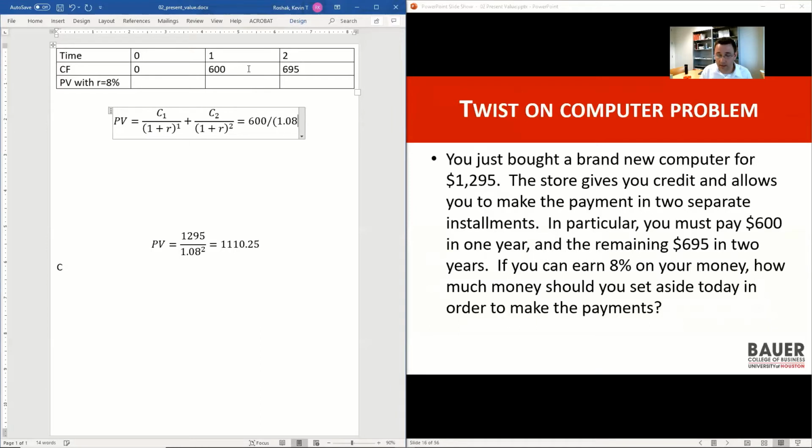Our discount rate's 8%. We add that to the 695 that we're getting at time 2. Okay, and that's it. We're going to have to plug those 2 things into our calculator. We'll get the first payment, the present value of that $600 is about $555. The present value of the second payment, the $695, is about $596.